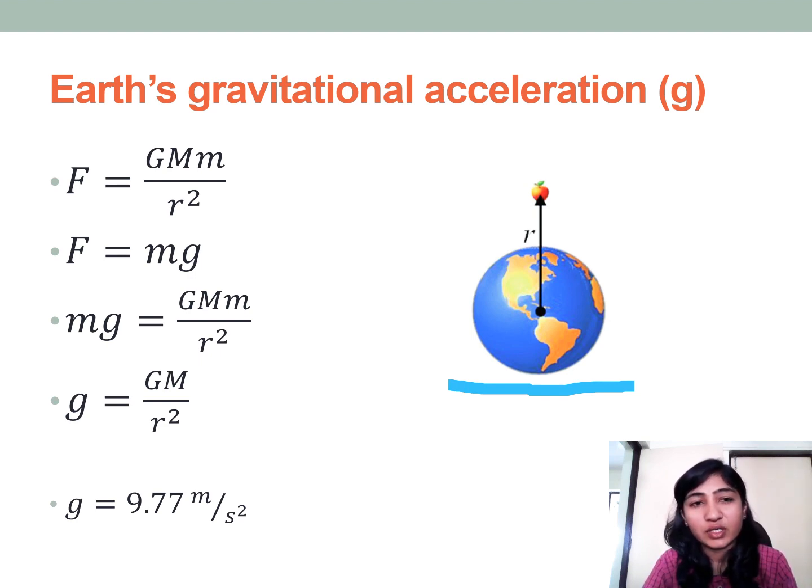And we have seen from the universal law of gravitation that the force between the object and the Earth is equal to GMm upon r square. Here capital M is the mass of the Earth, and small m is the mass of the object, and the distance between them is r.